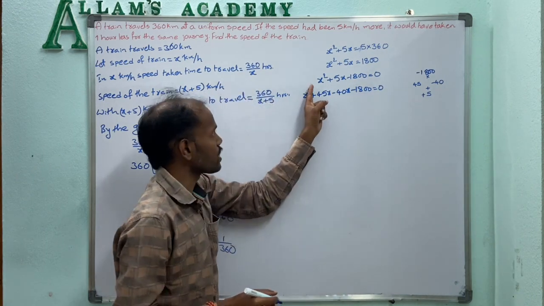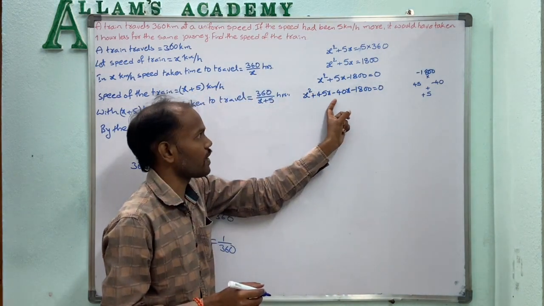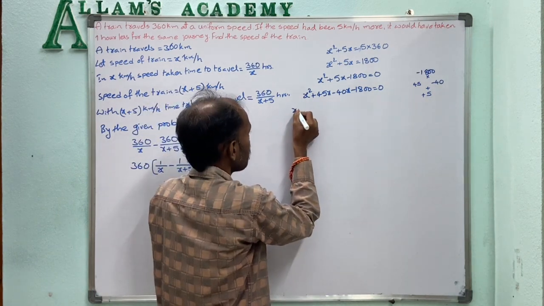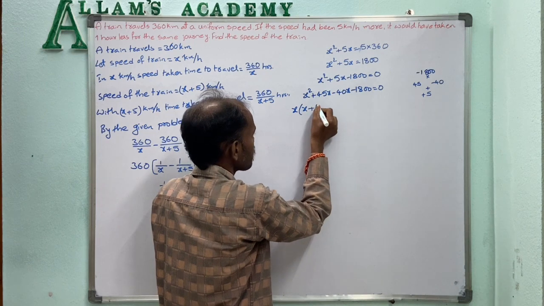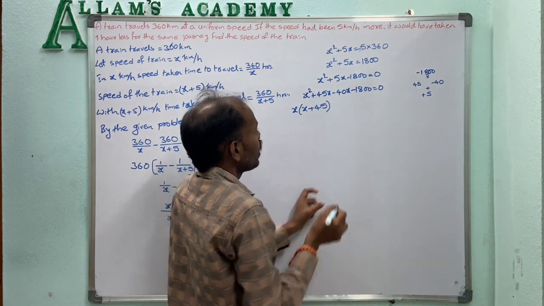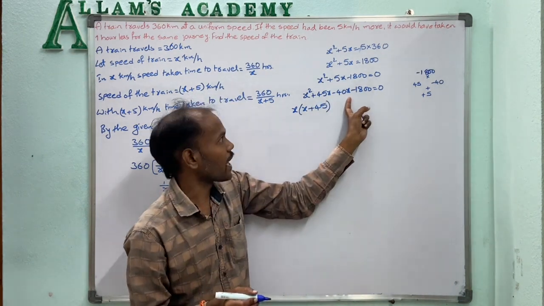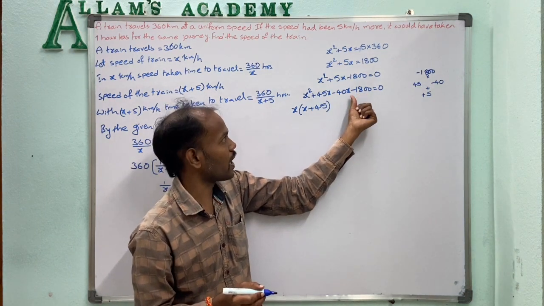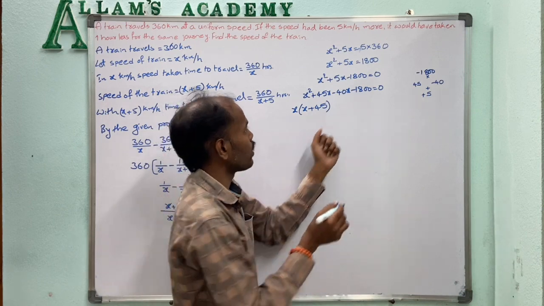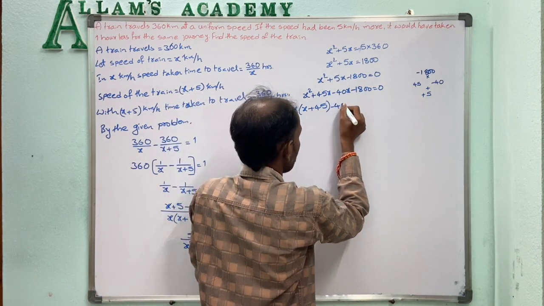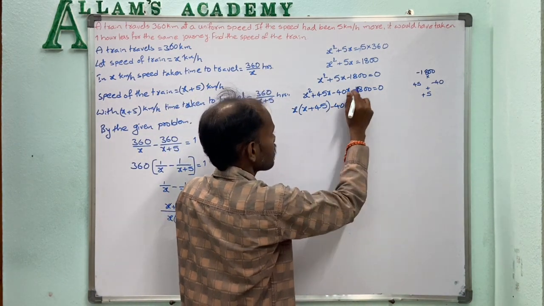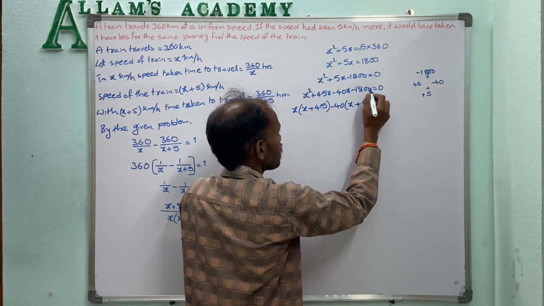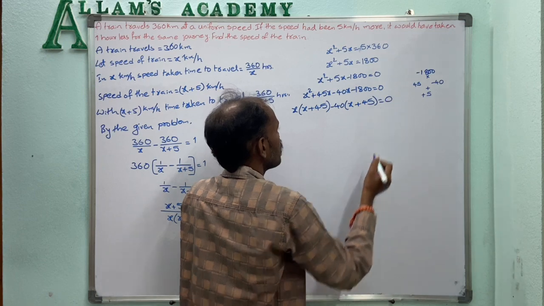Now x square we can write as x into x, and 45x as 45 into x. In both, x is the common factor, so taking x common we get x plus 45. Now 40x we can write as 40 into x, and 1800 can be written as 40 into 45. In both, taking minus 40 common, we get x plus 45, since minus into minus is plus 40 into 45, that is 1800, equal to 0.